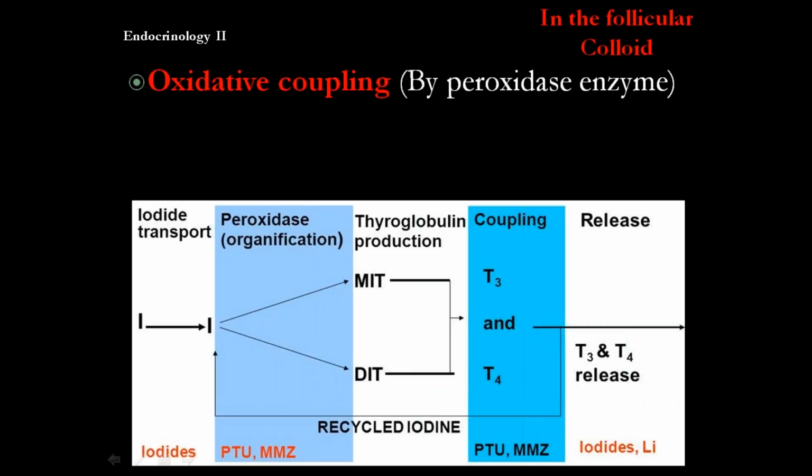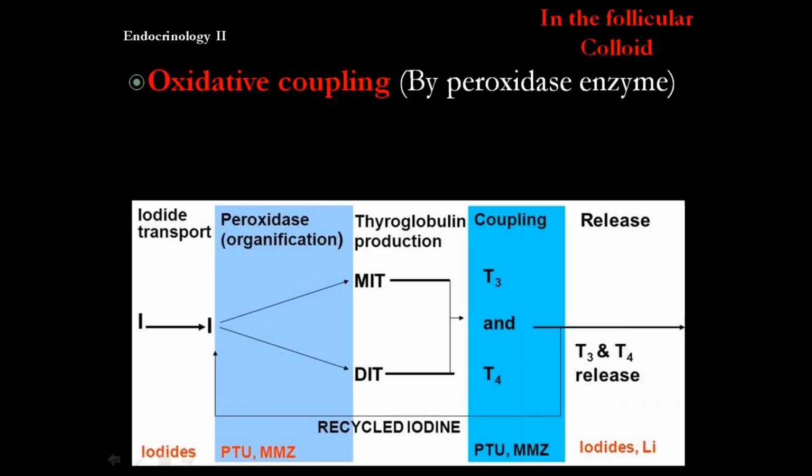Those are used when you have hyperthyroidism, the propylthiouracil or the methimazole. They are going to block the organification, the entry of the iodine to produce MIT and DIT. So this is the level where the anti-thyroid treatment is going to take effect.